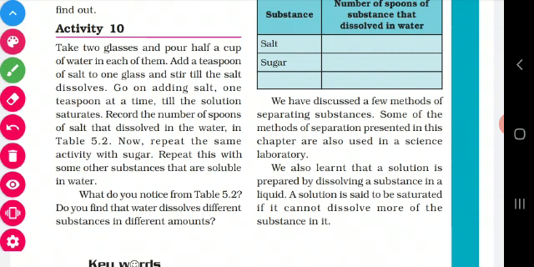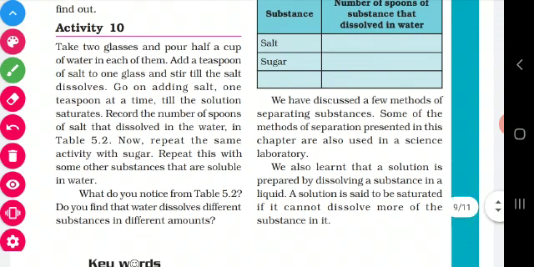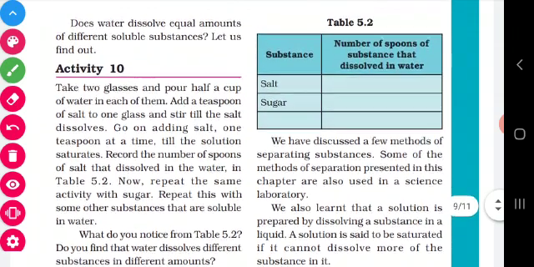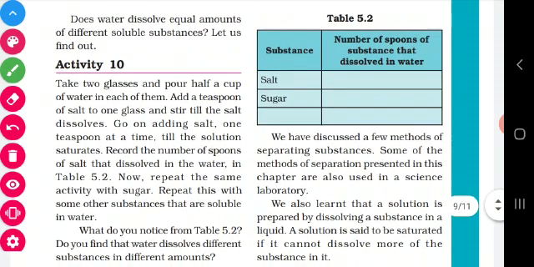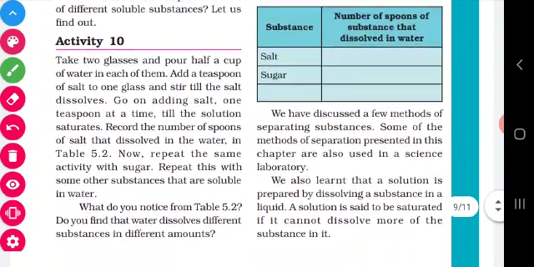You take 2 glasses, and in each glass you fill half with water. Then you add 1 teaspoon of salt and stir. Then you add again 2 or 3 teaspoons, 4 teaspoons and stir. Then you have to note the number of spoons of substance that dissolved in water.